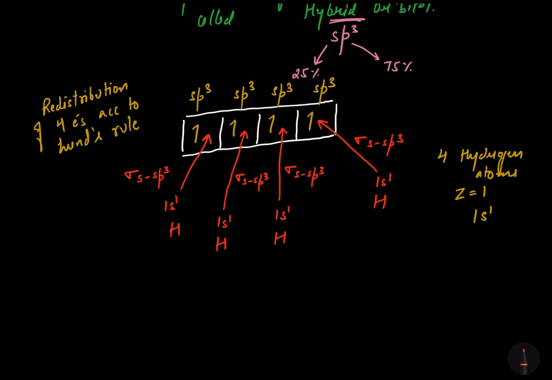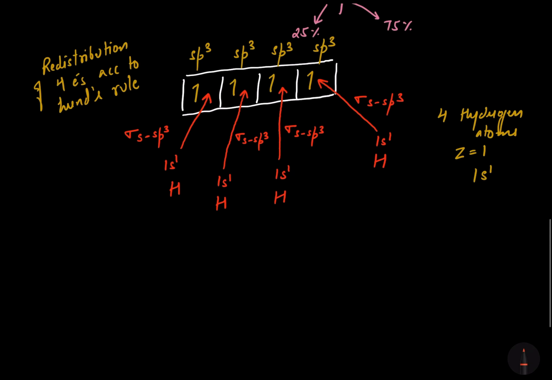Now you can easily observe that all four bonds are sigma s-sp3. So all four bonds will have equal strength and equal bond dissociation energy. That means all the bonds in covalent compounds of this type containing a minimum of 3 atoms will be of equal strength.